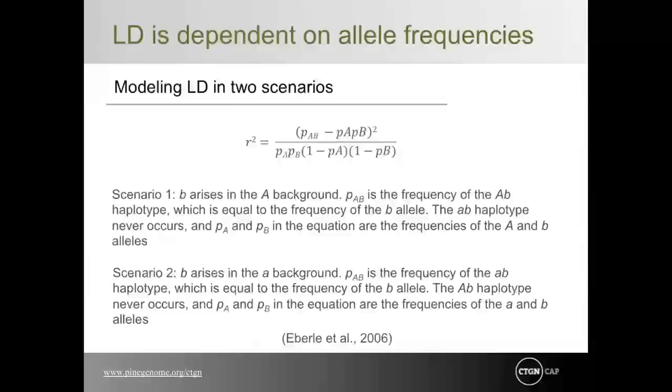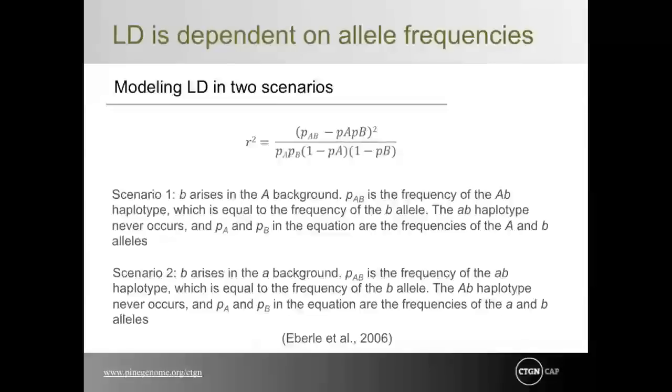In scenario 1, the mutation of uppercase B to lowercase b occurs on a chromosome that bears the uppercase A allele, so that every copy of the lowercase b allele descended from that original chromosome is always paired with an uppercase A allele, never with a lowercase a allele.